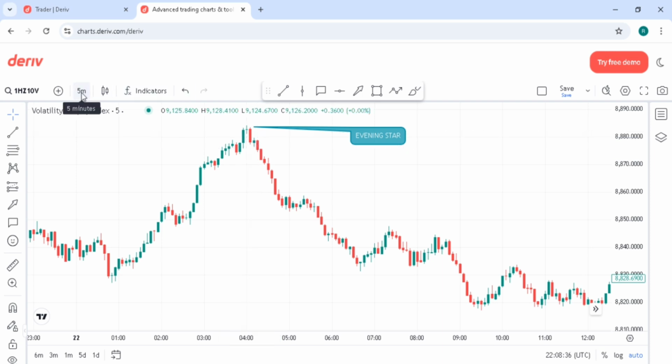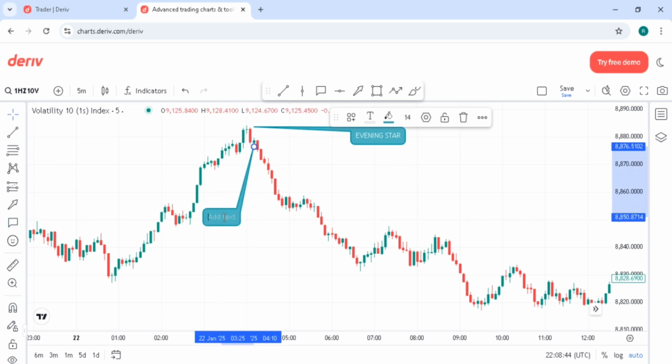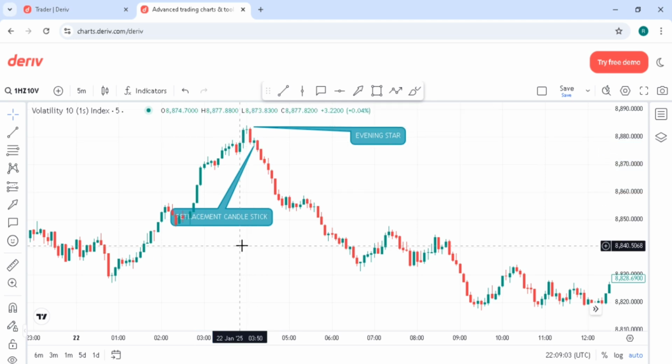But if you used 5 minutes, you would run into a loss. This is what we call the retracement candlestick. And of course, clearly we have seen how to overcome the problem of the retracement candlestick.